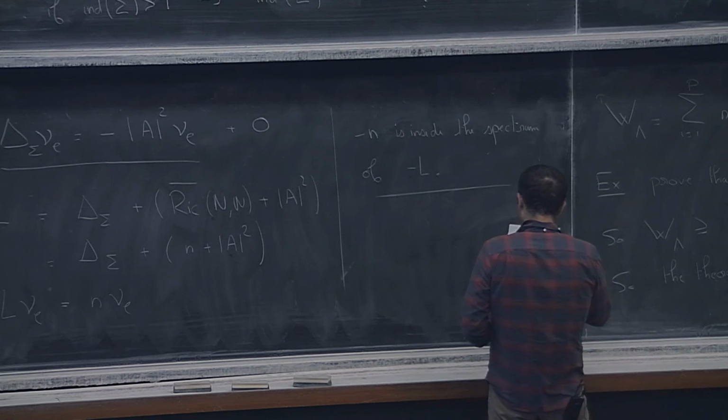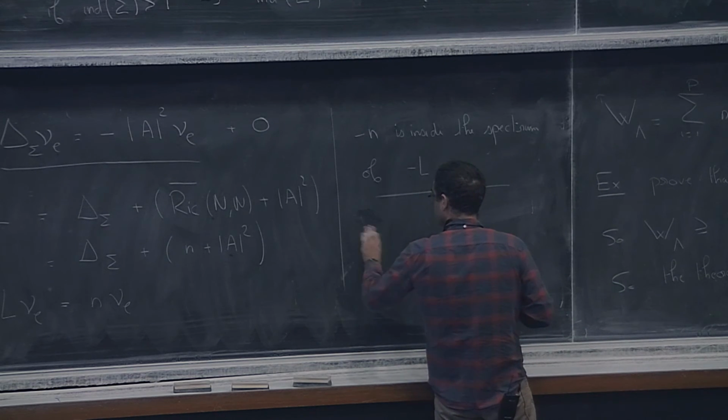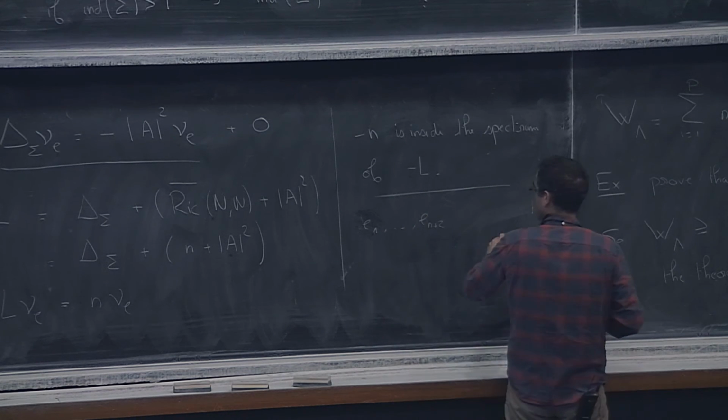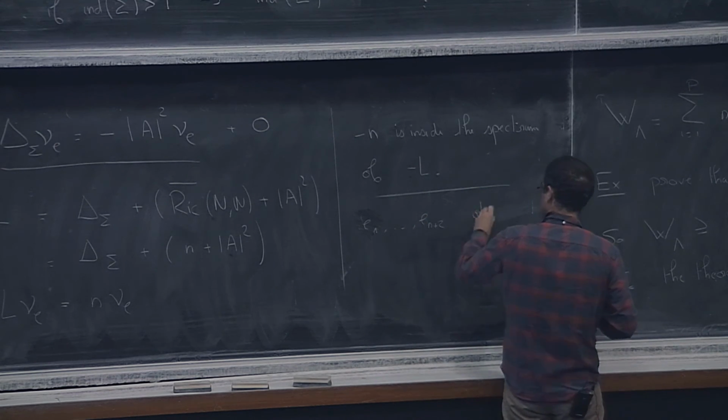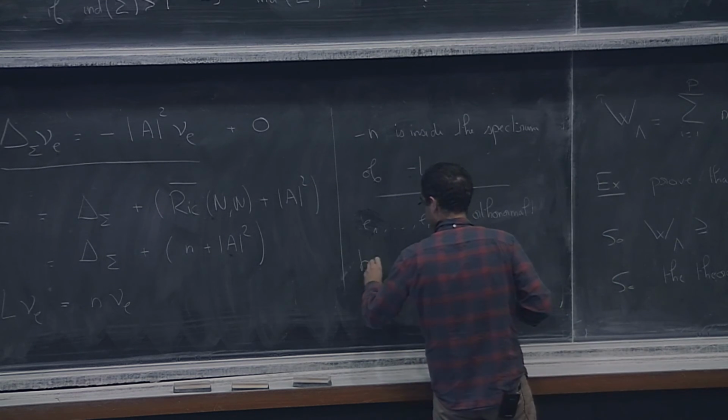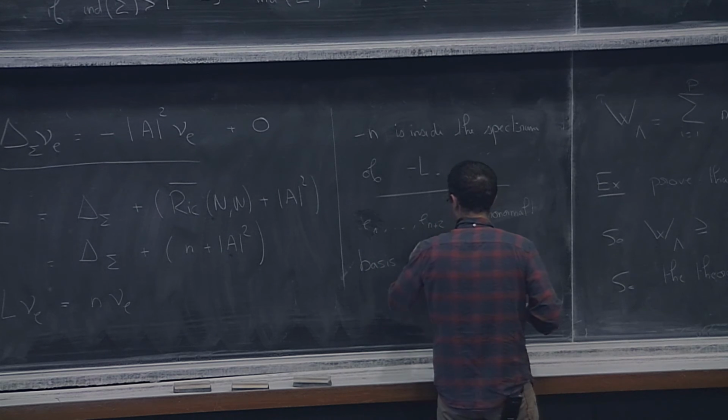So what you see is the following. So you take E1, E2, ..., En plus 2, an orthonormal basis of R^(n+2).